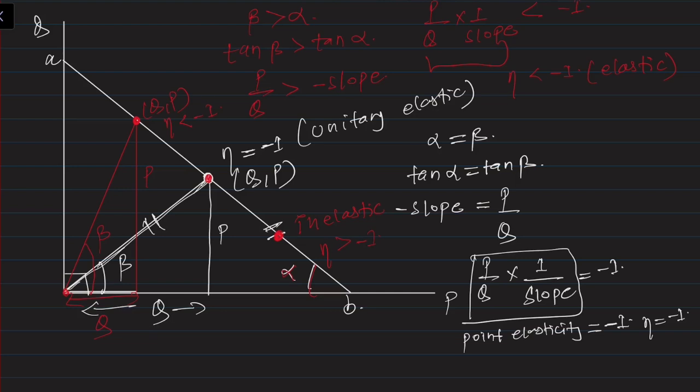Because we know that all these points below the midpoint are inelastic, but as we go down from the midpoint, the inelasticity increases, and the demand becomes more and more inelastic. So as we go down, the demand at the points becomes more and more inelastic.